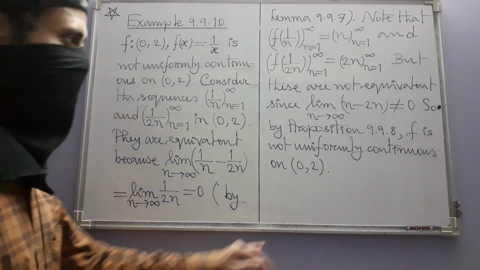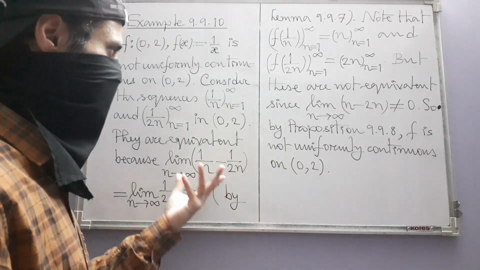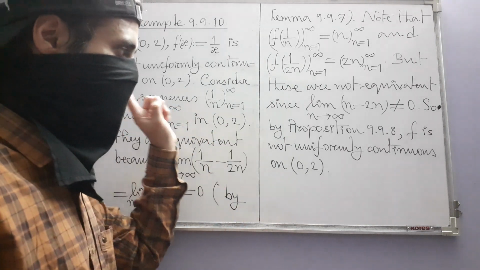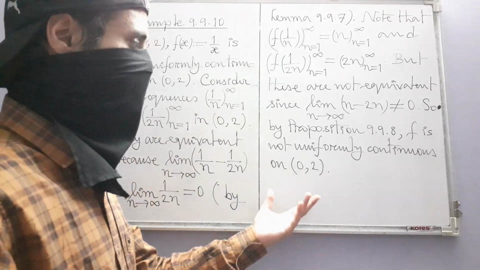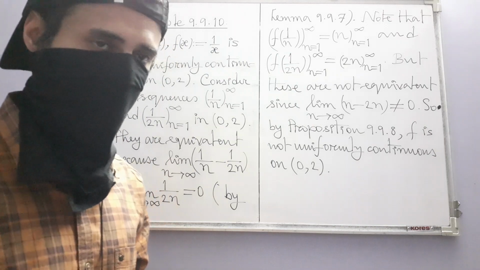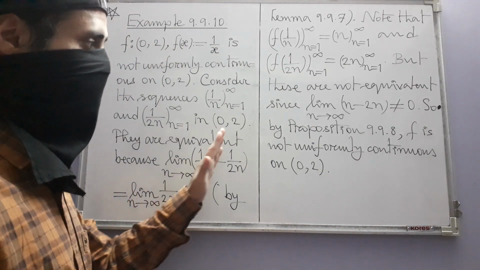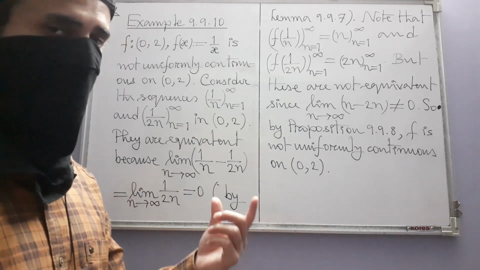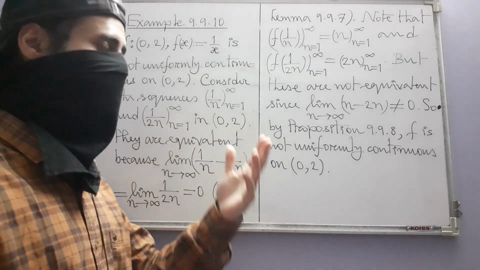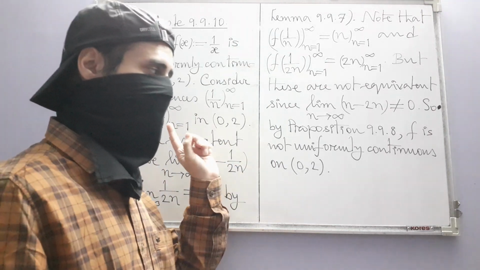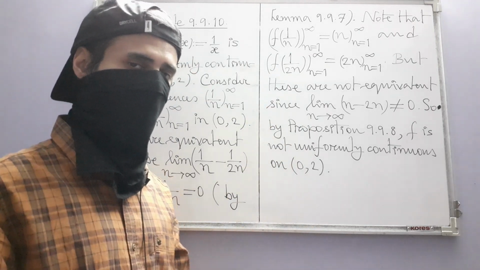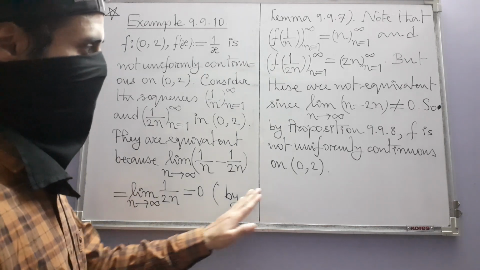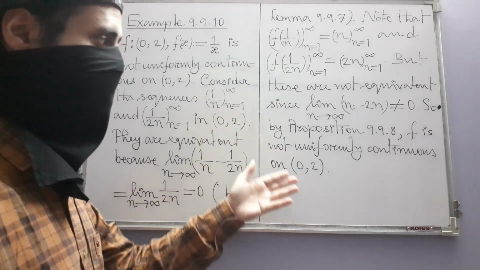So in this way, using this proposition, it's just a matter of finding two appropriate equivalent sequences whose images under the function are not equivalent. Then the function cannot be uniformly continuous. However, using the proposition to show that a function is uniformly continuous may be slightly problematic, because in that case you will have to consider any pair of equivalent sequences and show that the f images of those sequences also are a pair of equivalent sequences. But if you want to show that something is not uniformly continuous, then this is a nice way.